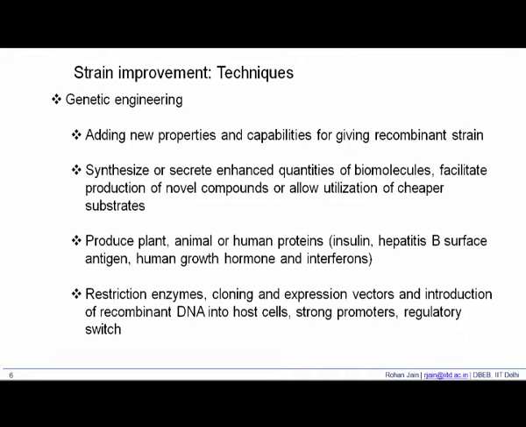Other technique is genetic engineering. You have learned this part in previous classes and different lectures, so I will not go into the details, but what genetic engineering does is it adds new properties and capabilities in the recombinant strain. For example, E. coli can be used to produce insulin.